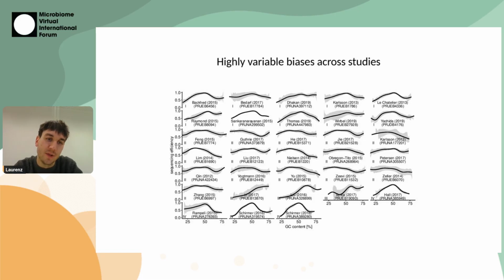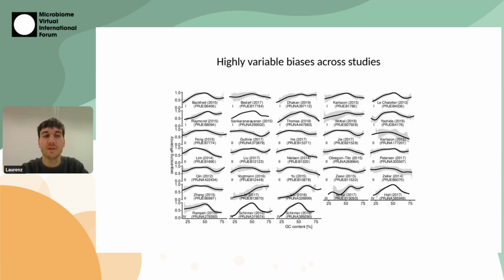Now, on this plot you can see the sequencing efficiencies for all of these studies. Each plot here is one study where we averaged the sequencing efficiencies of all of the samples. And you can see quite a large variation depending on the study you look at. The GC bias is different.